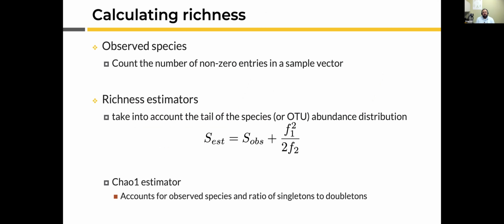And so the way we calculate this differs. A number of different methods have been developed to calculate richness. We can simply count the number of species that we obtain from our method of inquiry.